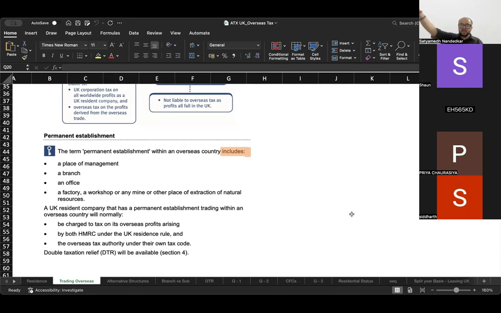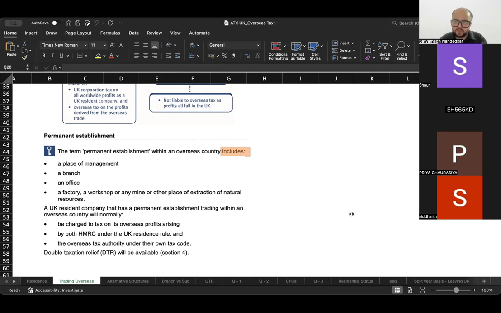In the country of Italy, you would have paid, say, 15% tax. When you have a branch there and you earned income, that income ultimately belongs to the head office or the primary entity. So the income that you earned from your Italian branch gets taxed there at the rate of 15%, and then it is brought to the United Kingdom where it is taxed again.